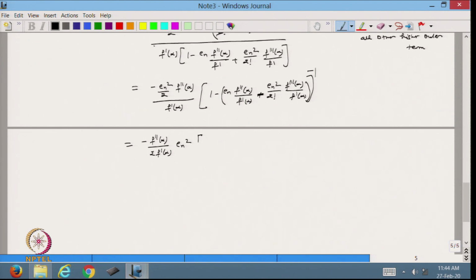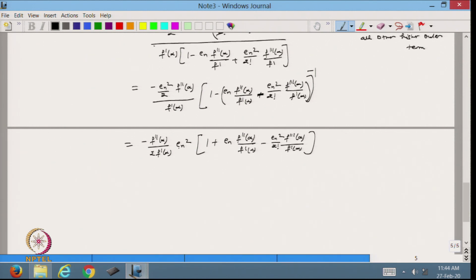So, this one I can write, and I can write from here 1 plus En f double dash alpha over f dash alpha minus En square by 2 factorial f triple dash alpha, this one.